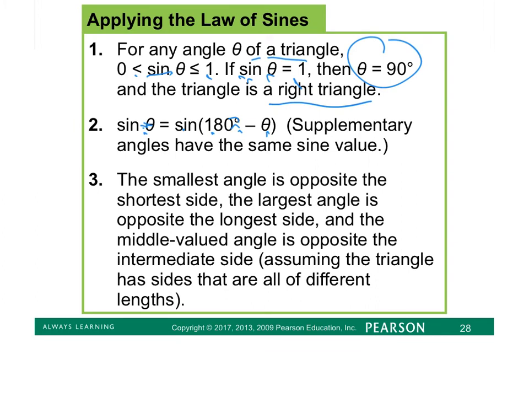I mean, theta and 180 minus theta, they add together to become 180. That'd be like sine of 10 and sine of 170. The smallest angle is opposite the shortest side. That's probably one of the most important things that you should know. The longest angle must always be across from the longest side. Obviously, the middle would be opposite of the middle angle. Though that's just, to me, probably the most important thing he wrote on that slide.